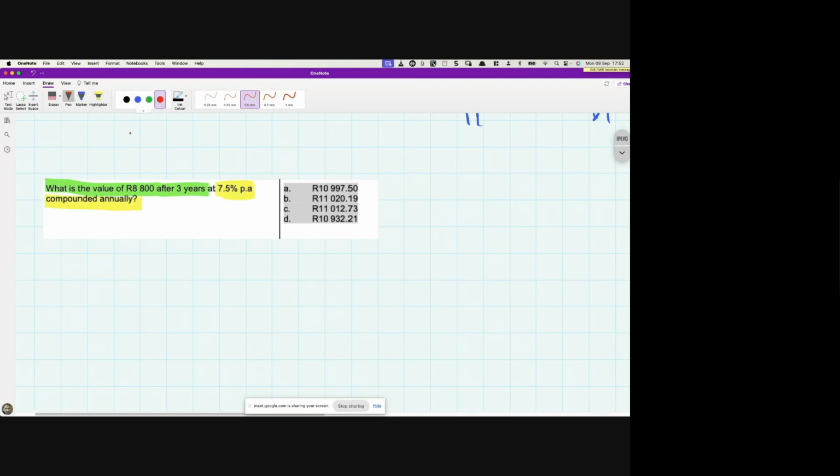And what I will do is I will give you the compound interest or the compound growth formula to help you. You tell me which of these four you think is correct. Maybe we'll do two multiple choice just to check. Which of the four answers do you think?